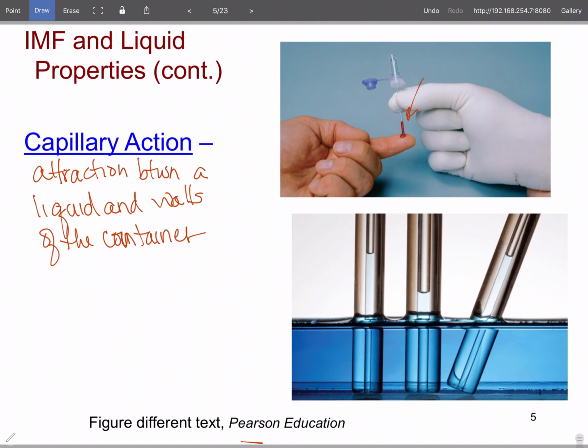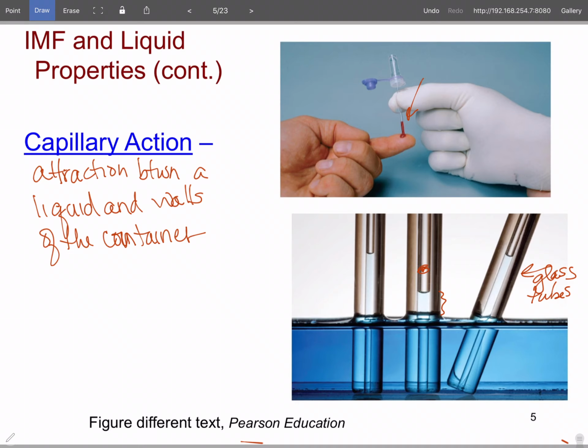And here you can see glass-walled containers, those tiny tubes. And you'll notice that the wider the gap is, the shorter it rises, and the more narrow, the farther up it goes. They tilted this one showing you that it'll go up at an angle. And this is actually how water gets to the top of trees.